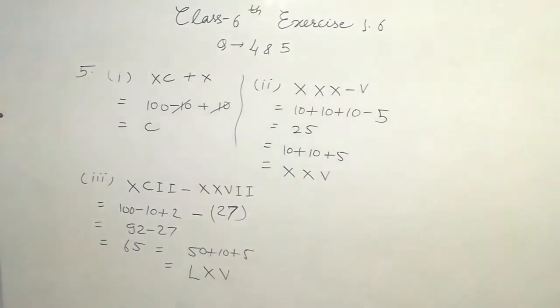Okay students, note it down, check the answer also. 1.6 and this is question number 5. First C, second double X V and third is LXV. Okay, our answers are correct.